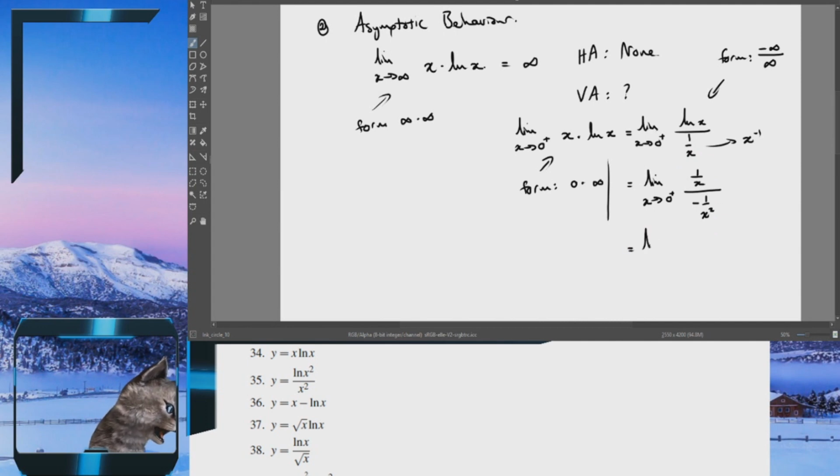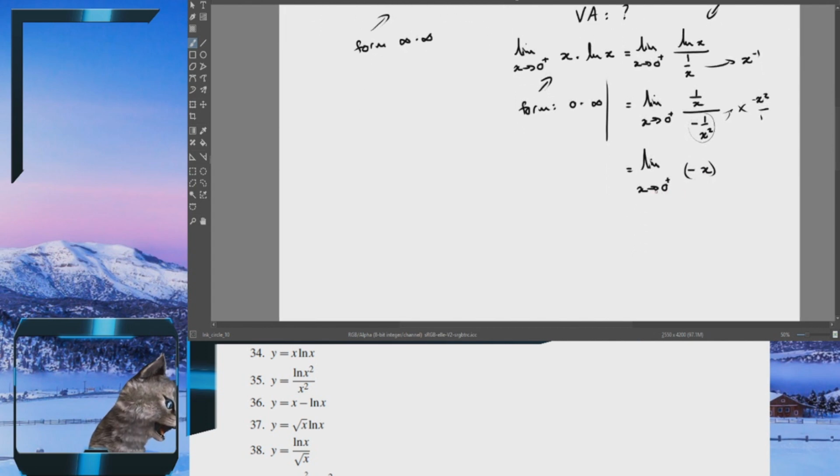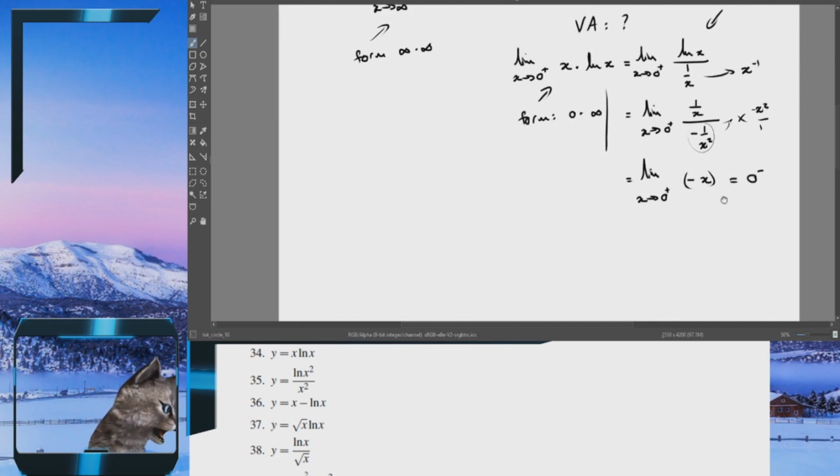If I now simplify this a little bit, and I cancel the x's, this goes up at the top and gets multiplied by x squared over 1, negative of course, then I see this simplifies to negative x. And as x gets close to 0, this gets close to 0. Yeah, from the left, but I don't really care that much, to be honest. But sure, you can indicate it from the left.